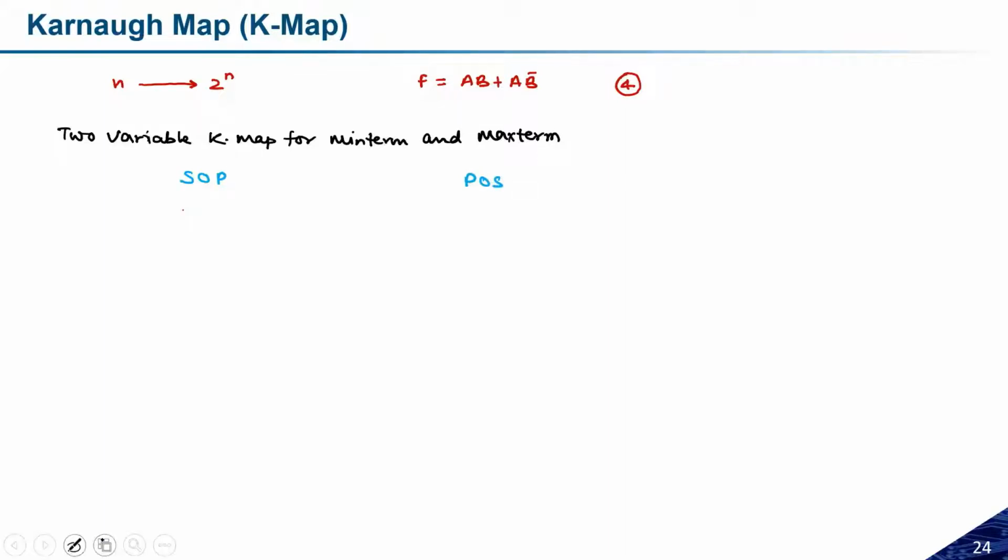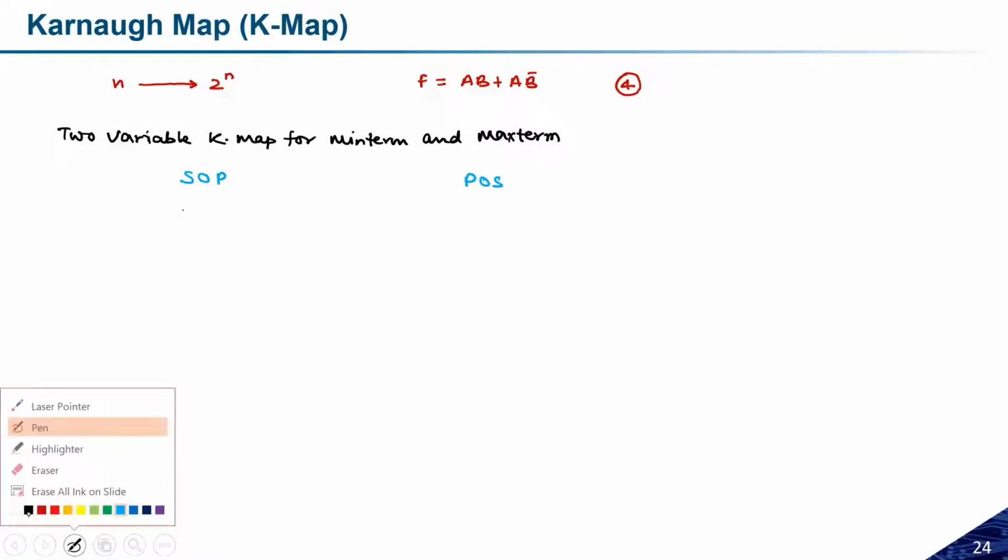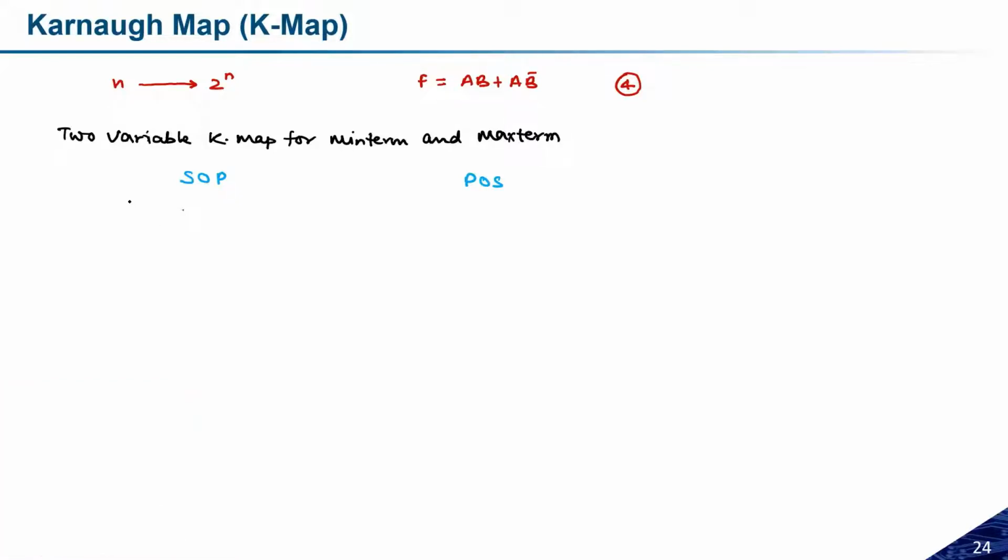If I'm talking about the SOP kind of structure, meaning the min term, let us come up with some important points. In SOP form, if logic 0 is there, it indicates A complement or B complement or C complement, whatever variables we have.